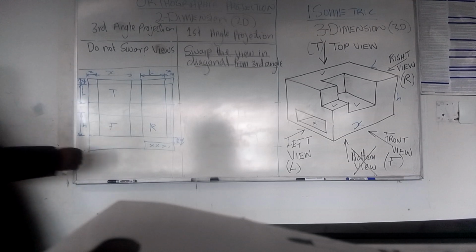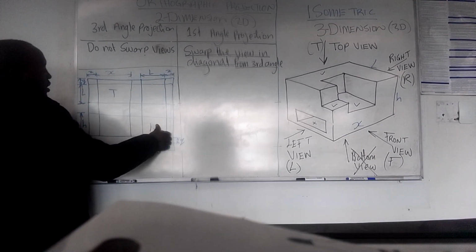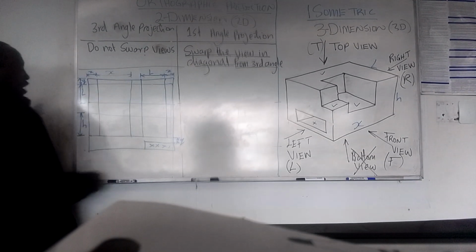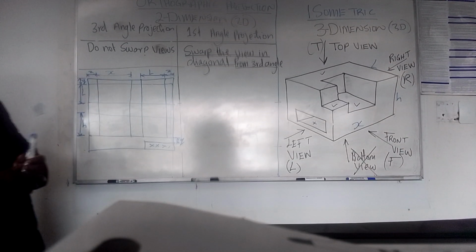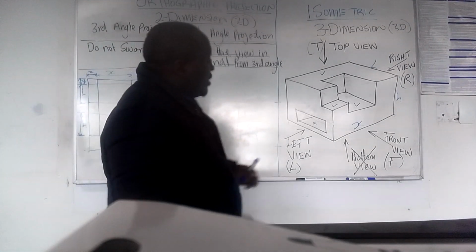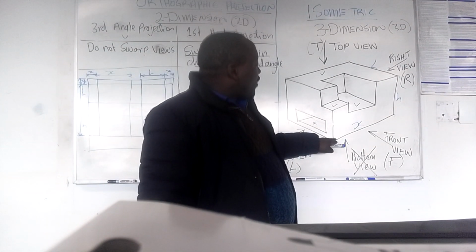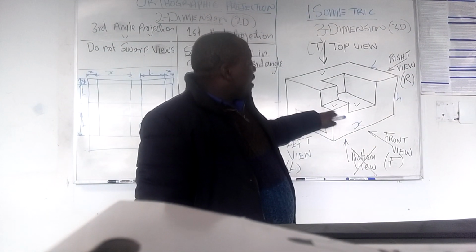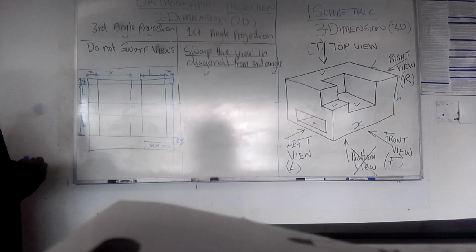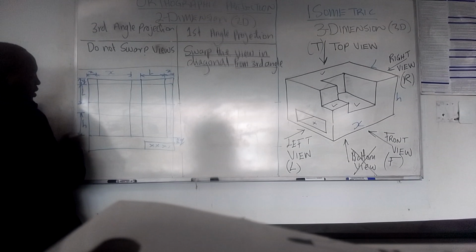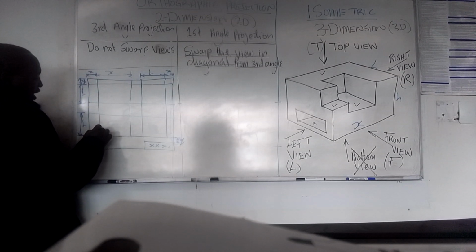Now, let me continue the drawing. I want now to draw the front view, to finish it here. You measure the height from there to there and from there to there. There are two heights that are different from the rest. So, you measure the height.